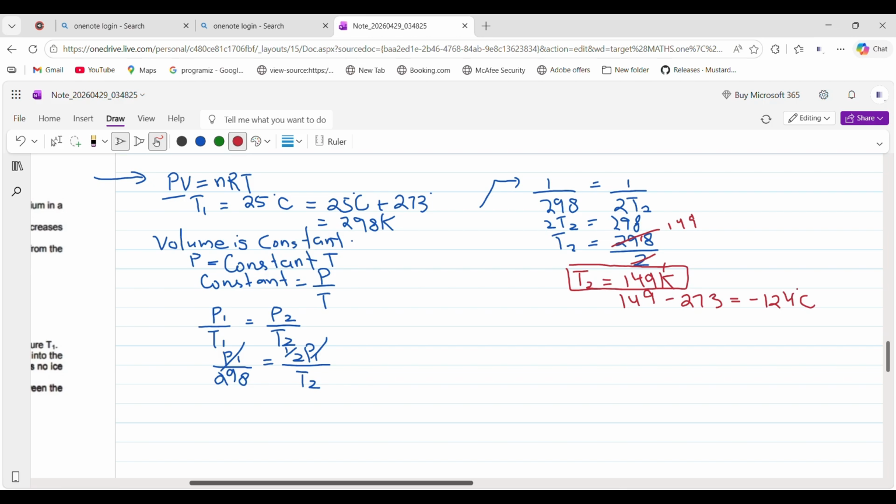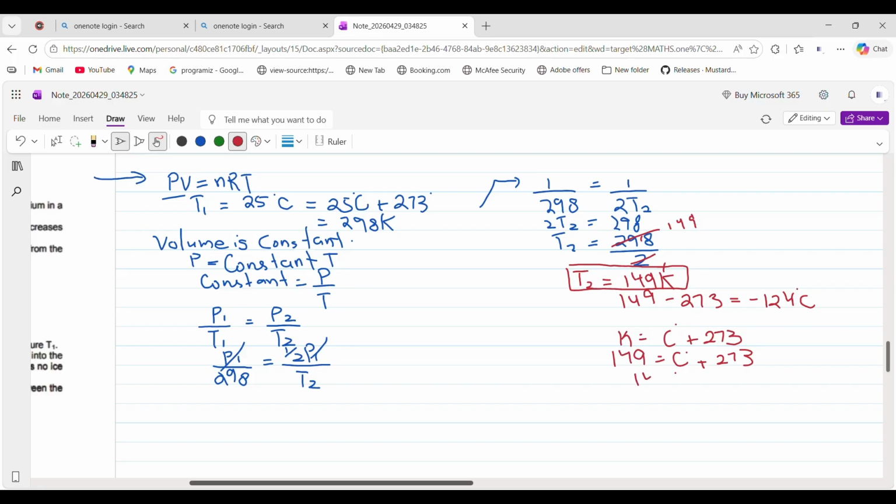This is very simple, no rocket science at all, because we know that Kelvin is equal to whatever your degree is in centigrade plus 273. Here your Kelvin temperature is already given, which is 149. You are finding centigrade temperature plus 273. When 273 goes on the left hand side, it will be minus.